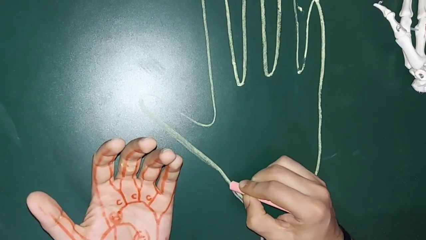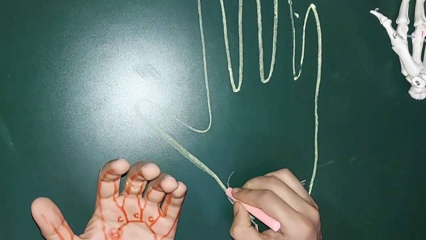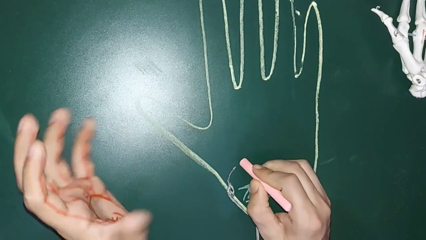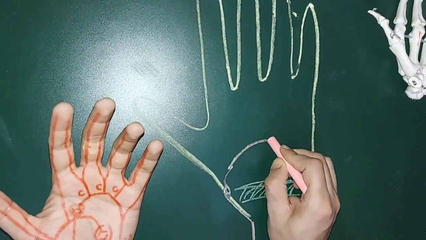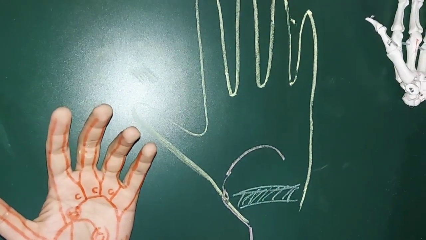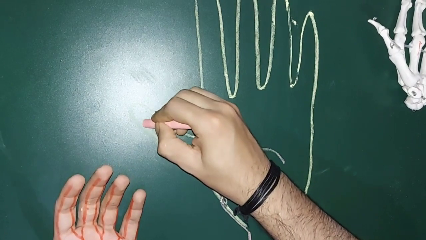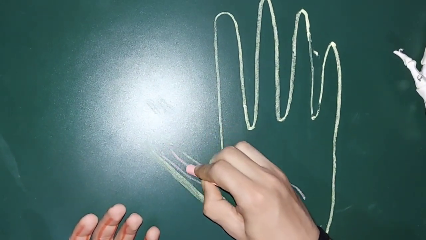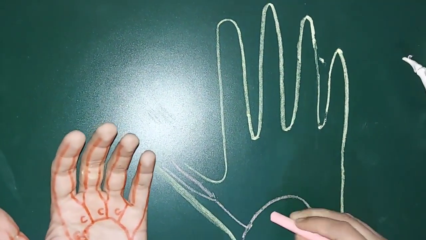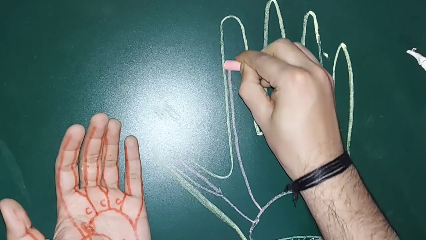Let's suppose this is the anatomical snuffbox, and it comes forward from the dorsal interossei and between the two heads of adductor pollicis, and forms the deep palmar arch. This deep palmar arch forms the princeps pollicis artery, pollicis meaning thumb, and the radialis indicis artery.